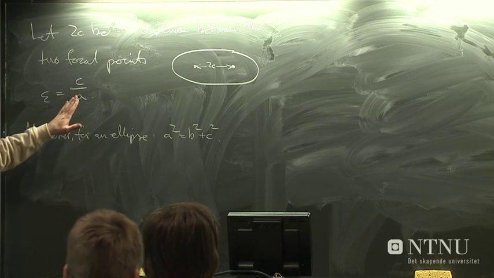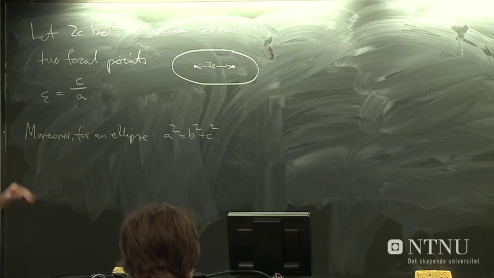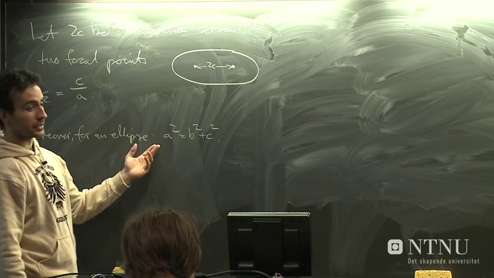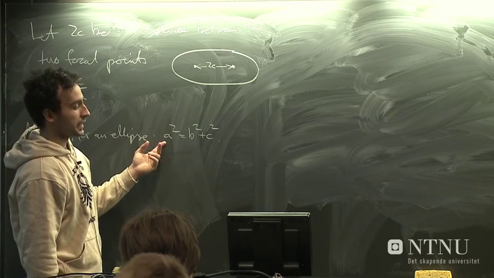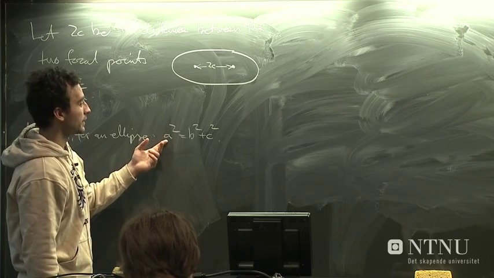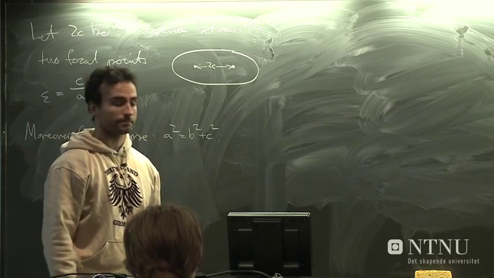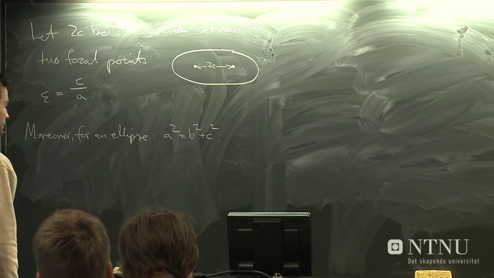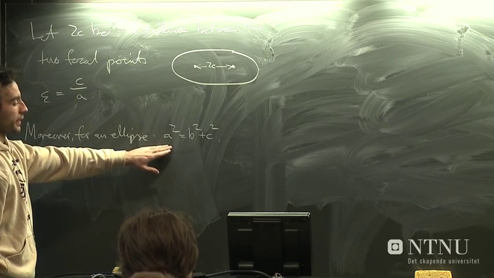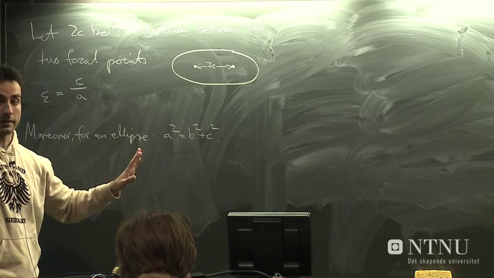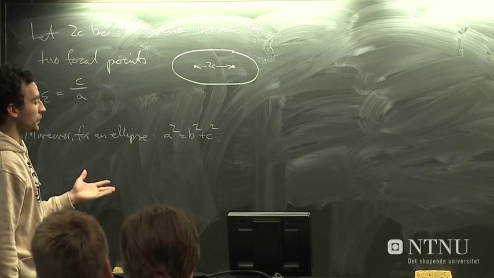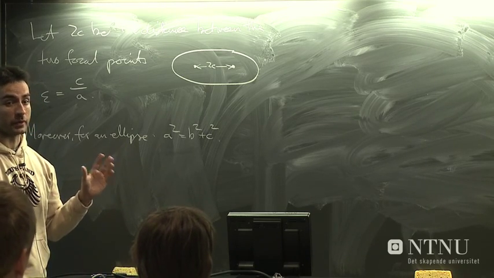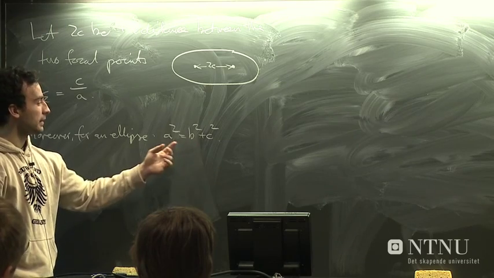And the reason for why I wanted to introduce this c quantity is that for an ellipse, we have the following geometrical relation. The major half-axis squared is equal to b squared plus c squared. And we can convince ourselves that this is true, in particular for a circle, because for a circle, the two foci coincide. So c is equal to 0, and a is equal to b.